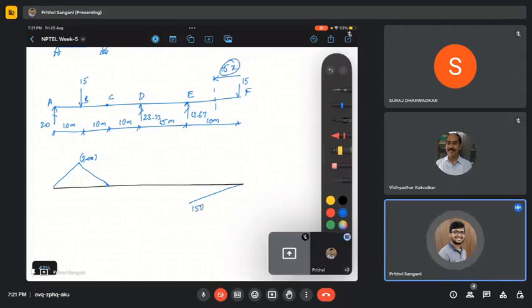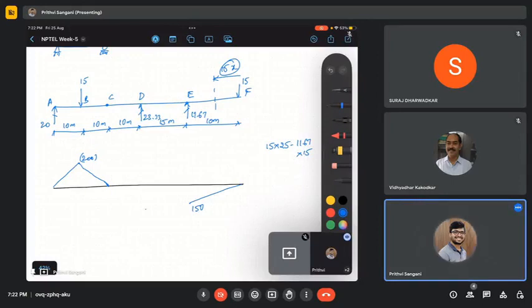And what happens at D? The bending moment at D is 15 times 25 minus 11.67 times 15, which turns out to be 200. Let us plot again. This is 200.